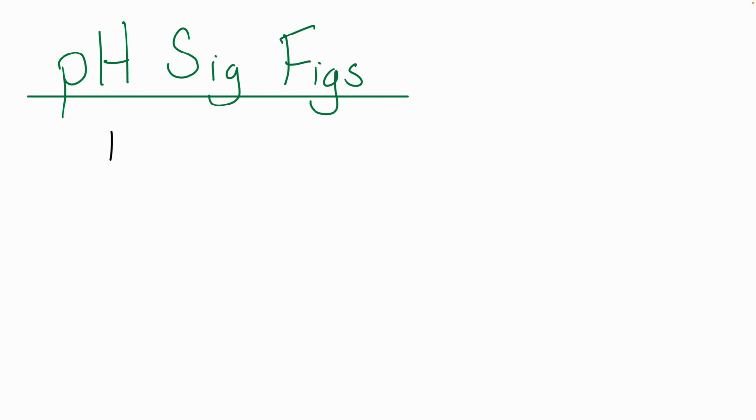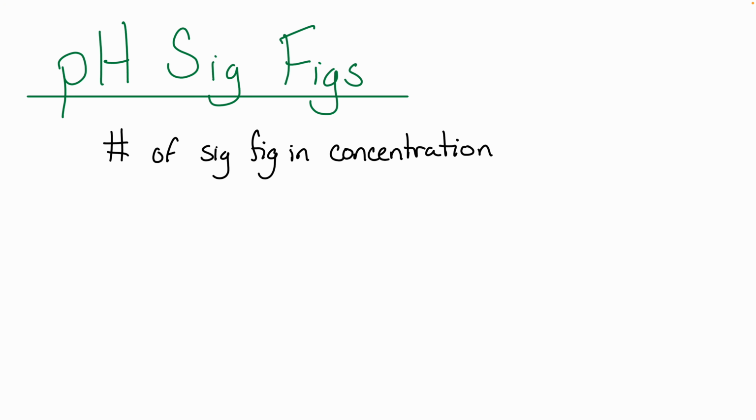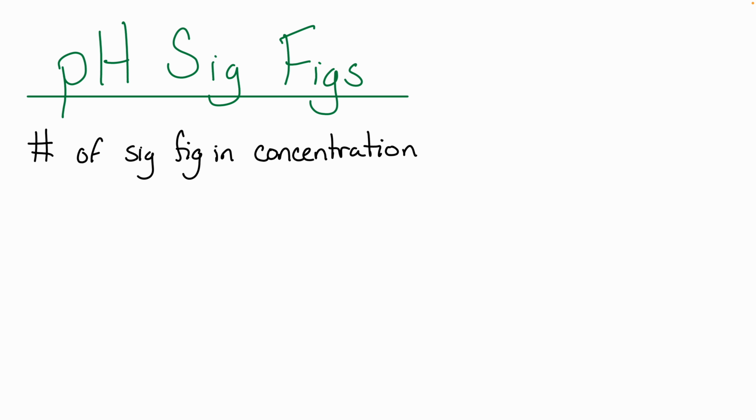The number of significant figures in your concentration is going to be equal to the number of decimal places in your pH.